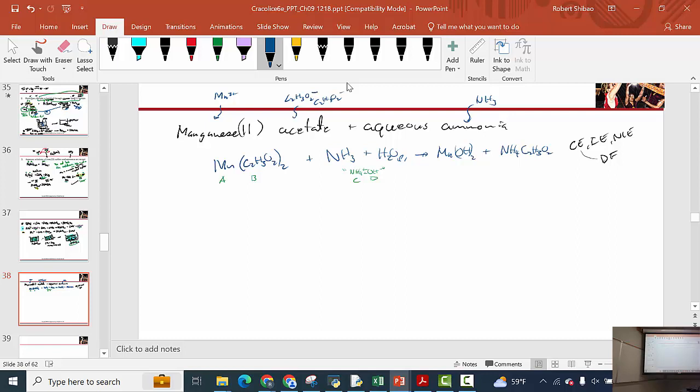And that's because manganese is 2 plus, and that would require 2 hydroxides. And acetate is a 1 minus, that just requires 1 ammonium. Balance that out. Is that what you guys got?